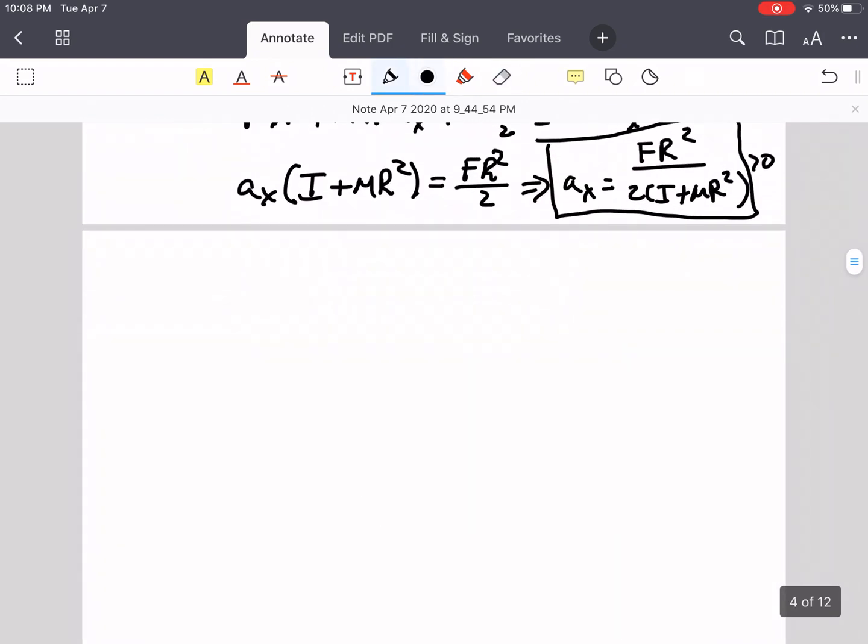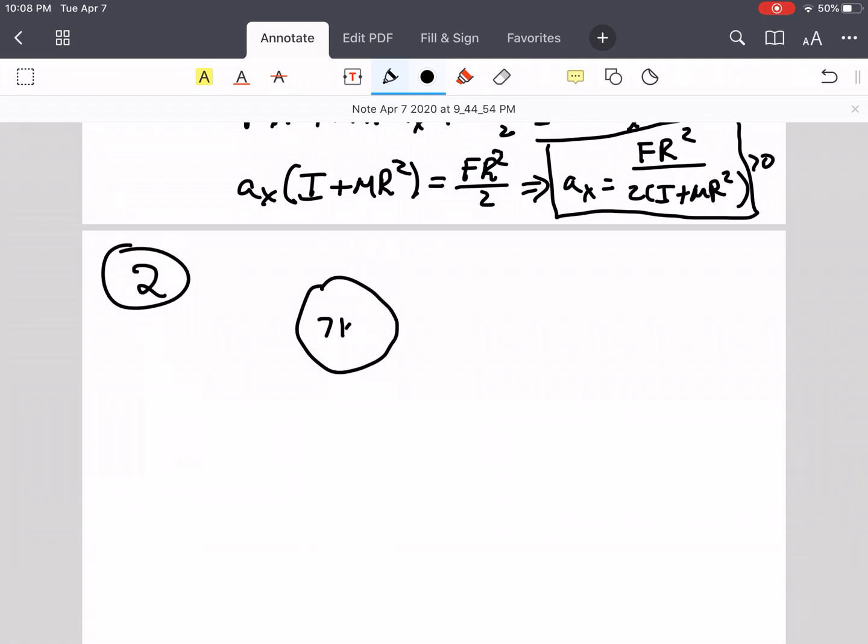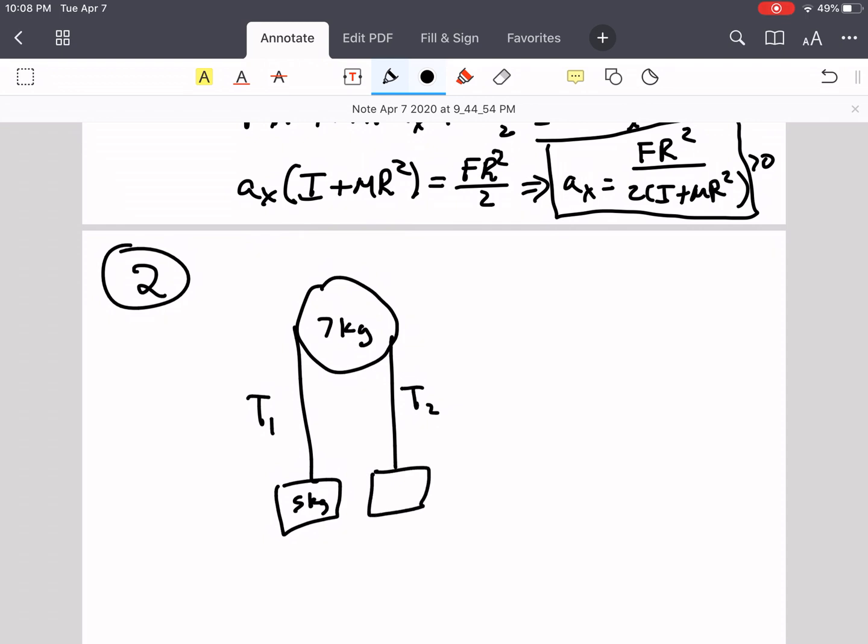All right, so here we go. Freehand drawing of the exact same thing. I have my massive pulley with 7 kilogram mass. I have 2 strings, which I told you have different tensions, T1 and T2. And hanging off them are 2 blocks, mass 5 kilograms, mass 10 kilograms. Since I love to introduce symbols, I'm going to call this M1. I'm going to call the 10 kilogram mass M2, and I'm going to call the 7 kilogram pulley capital M. Capital M is 7 kilograms.